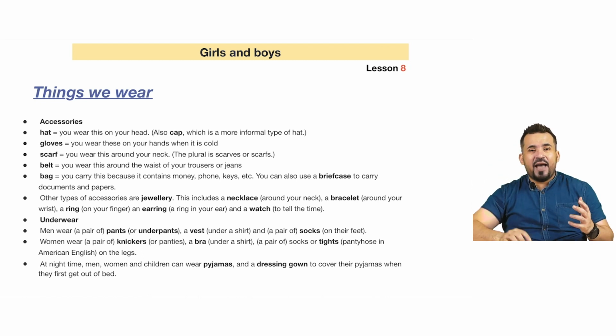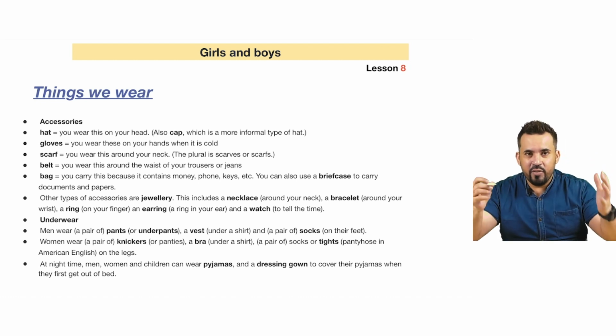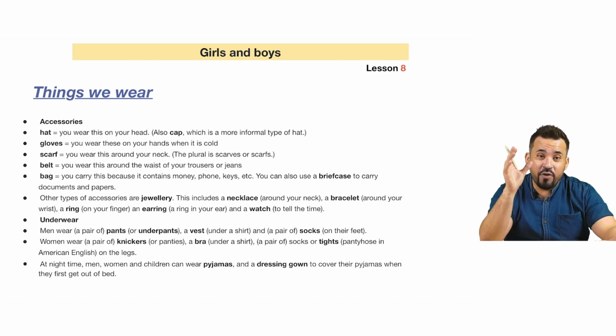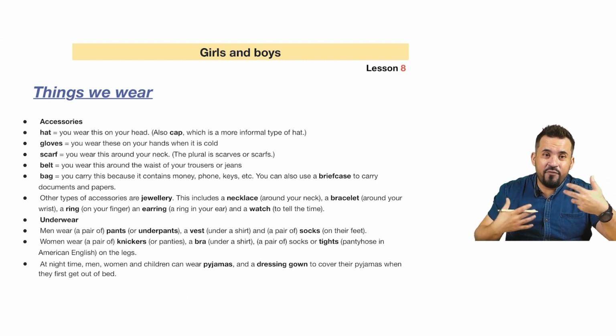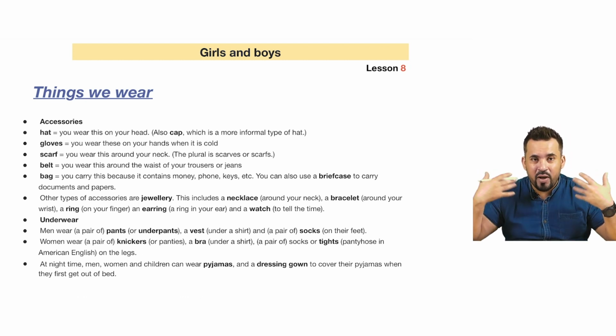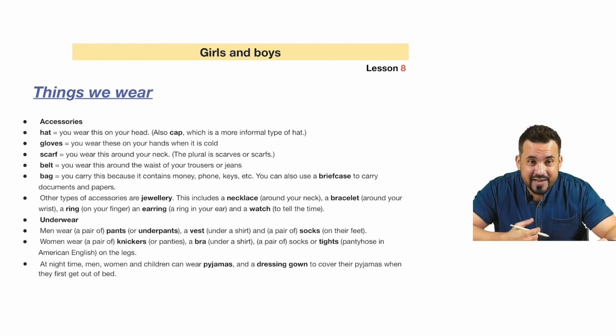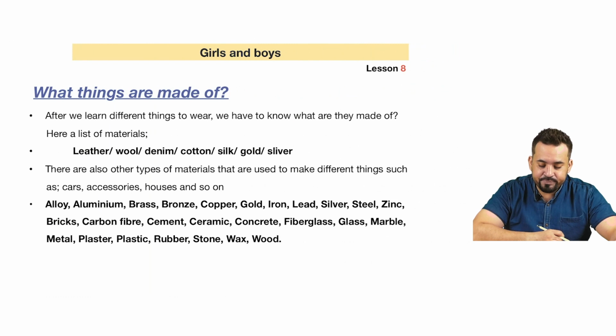A dressing gown you wear over your pajamas if it's cold, okay? Or if you live in the 50s. Nobody wears those anymore. Or for women, if your nightie or nightwear is revealing, you put a nightgown or a dressing gown on to cover up.